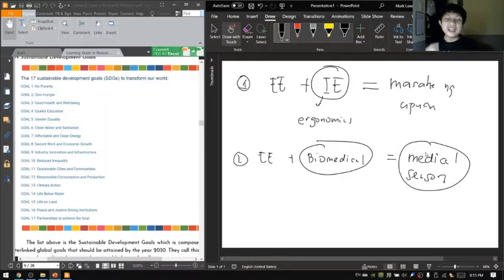When we combine EE with biomedical, you can do that. And the outcome or the product would be medical sensors or devices that can help to detect or monitor. So I can think of only two: EE plus IE, or EE plus biomedical.